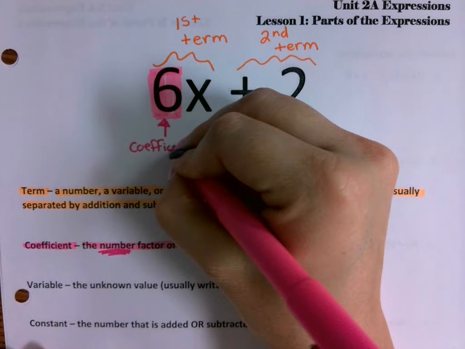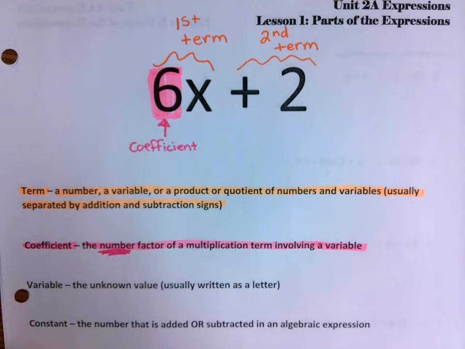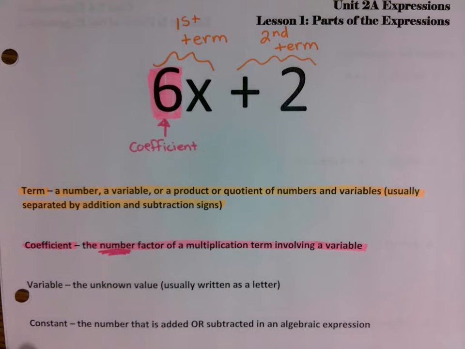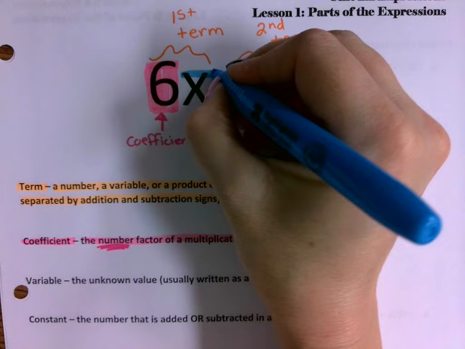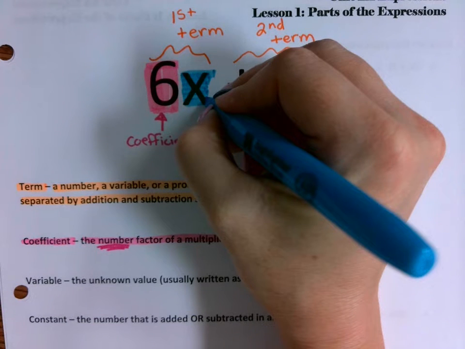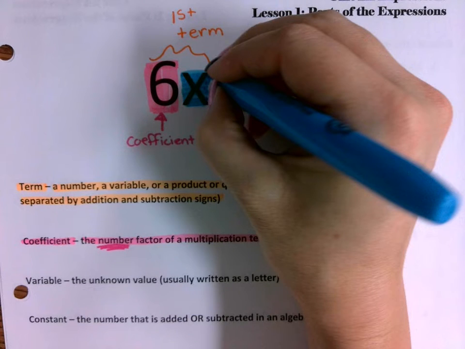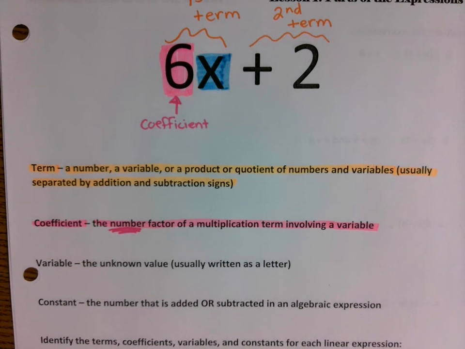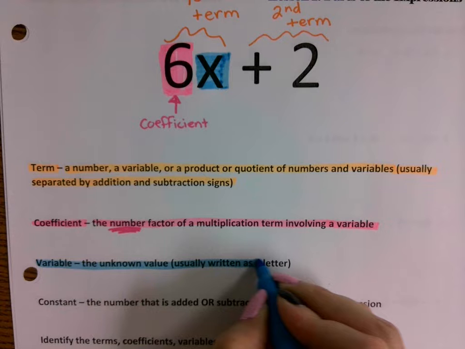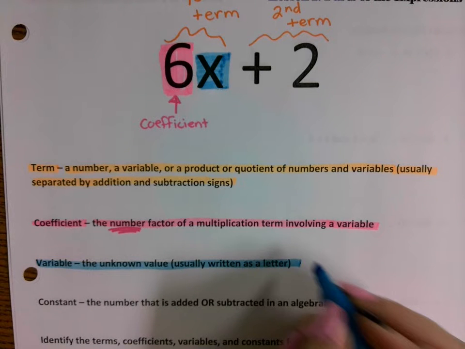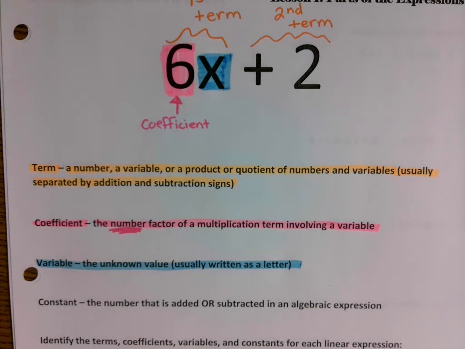The letter, the x, is going to get highlighted in blue. What do we call a letter? A variable. Good. Some of you have already heard these terms before. The letter is called the variable, so highlight variable in blue. Variable means an unknown value, and we typically refer to it as a letter.